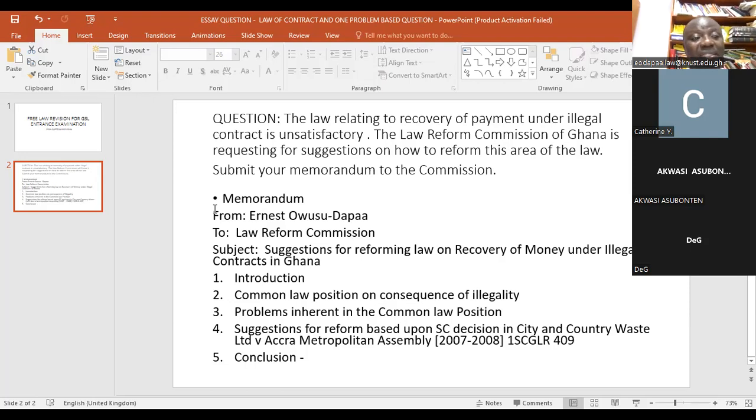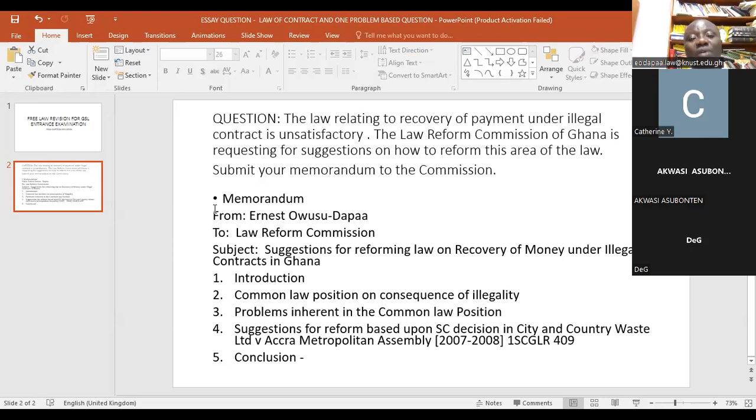And then what is the subject? What are you writing about? That is what you are supposed to be communicating to the recipient. What are you going to tell them? That is what we call the subject.